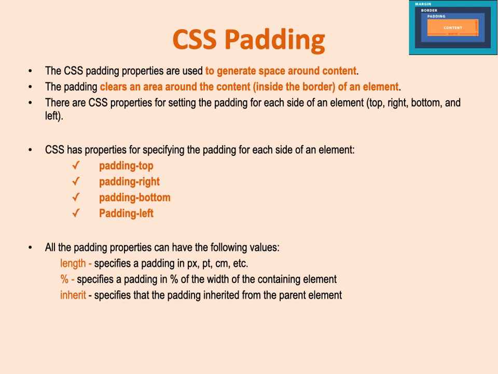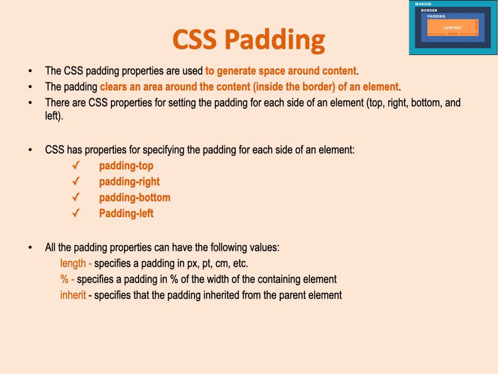The properties are padding hyphen top, padding hyphen right, padding hyphen bottom and padding hyphen left. All the padding properties can have the following values: length, percentage, inherit. Length specifies a padding in pixel, point or centimeter. Percentage specifies a padding in percentage of the width of the containing element. Inherit specifies that the padding is inherited from the parent element.